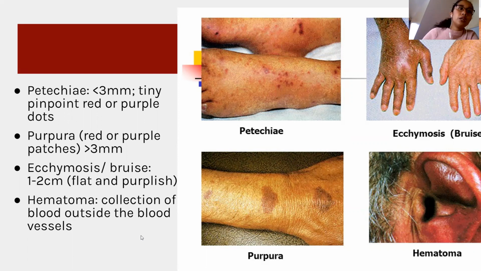Hematoma is a collection of blood outside the blood vessels. So class, these are signs of bleeding, or indicative of bleeding. So you just have to watch out for these ones.